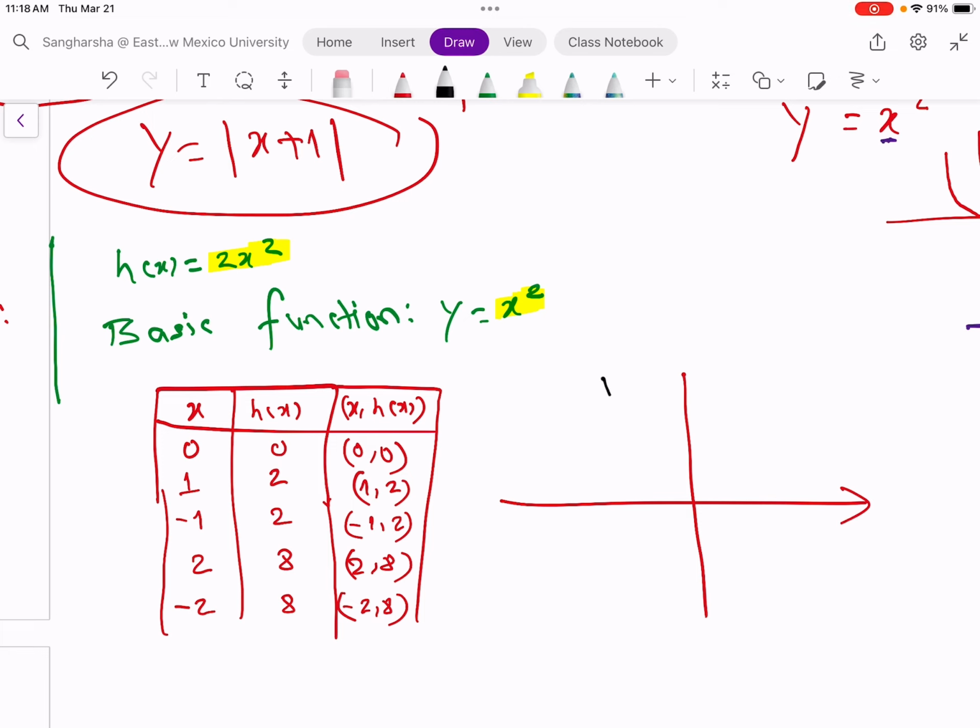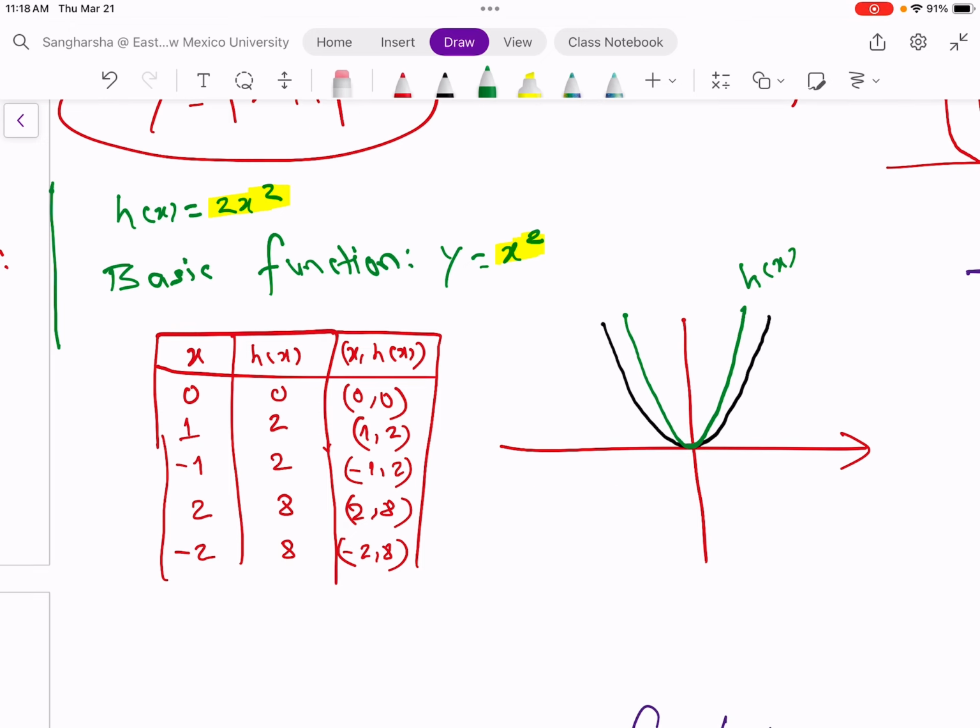This is your basic function, and if you multiply by a number greater than 1, it is stretched vertically away from the x-axis. So this is h of x, or you can use the table. When you multiply a function by a number greater than 1, it is stretched vertically away from the x-axis.